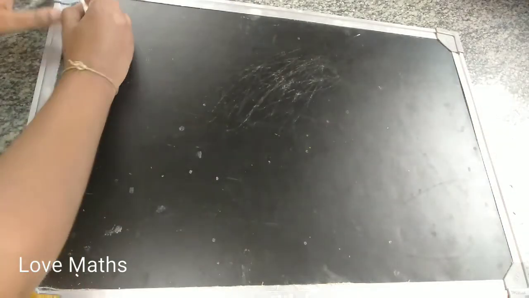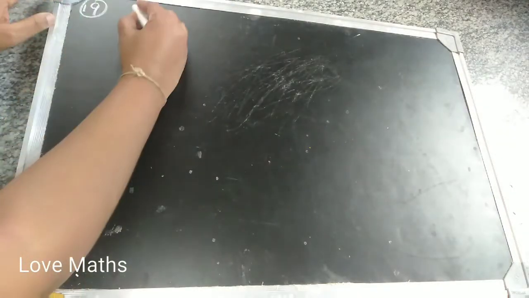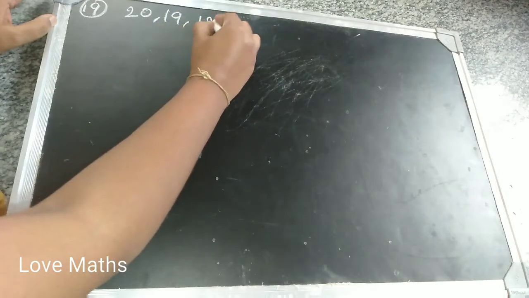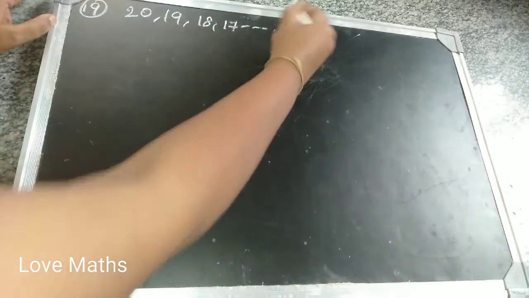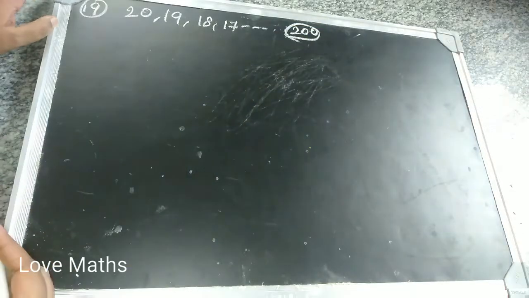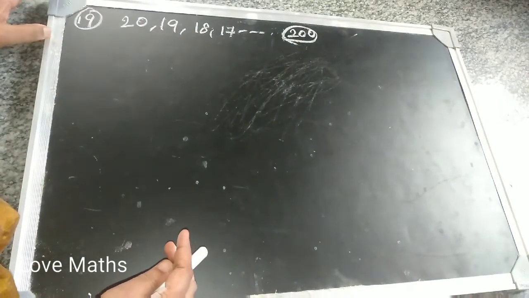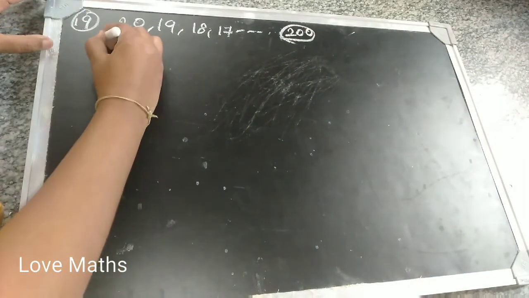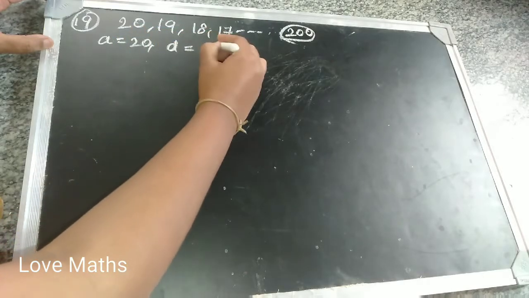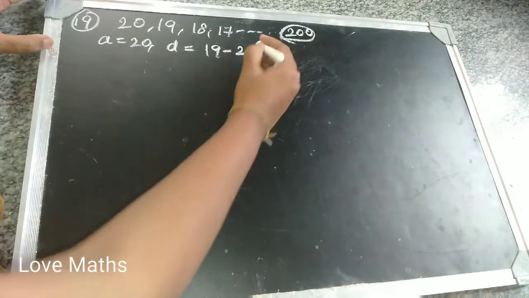This is the 19th question. First 20, next reducing 1, next 18, next 17, like that it will continue till 200. So in this sequence you just want to find what is A. A is 20. What is D? Second term minus first term.